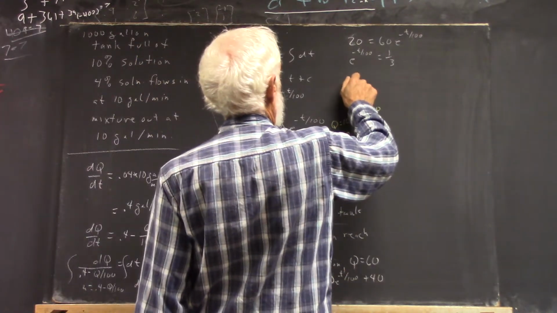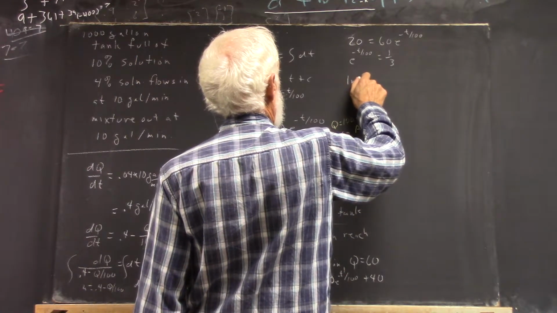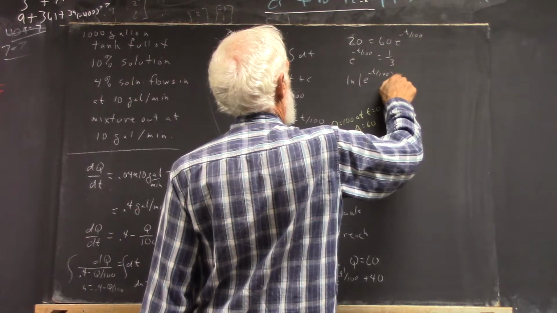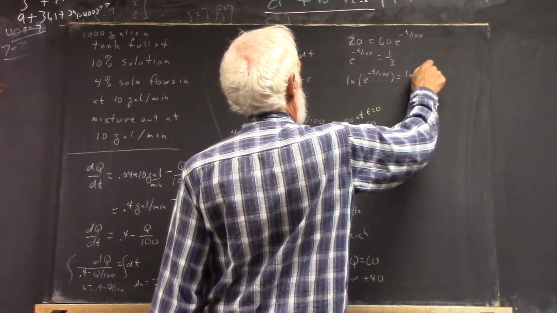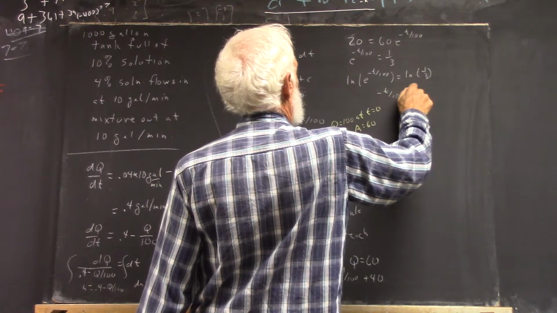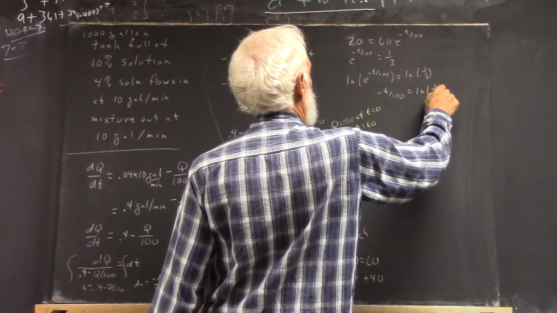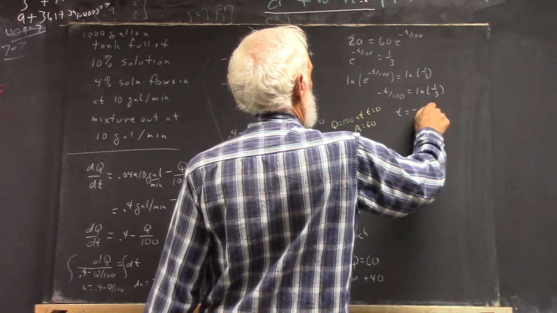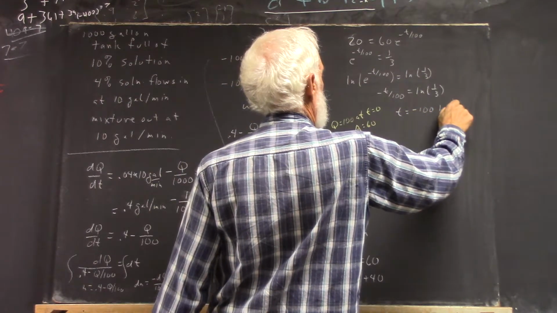So the natural log of e to the negative t over 100 is the natural log of 1/3. So negative t over 100 equals the natural log of 1/3. T equals negative 100 times the natural log of 1/3.